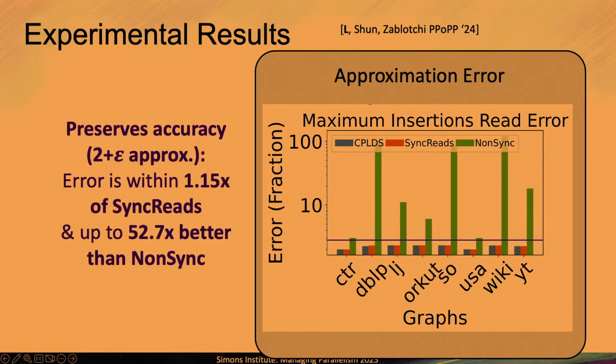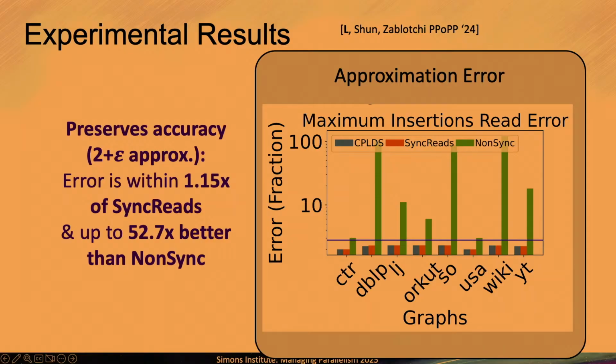Okay, so it just basically says we get some approximation in between when the update was applied and when the update ends. So we take the best of the approximation for the state after the update and the state before the update. Okay, so using this approximation method, we get within 1.15 of sync reads.